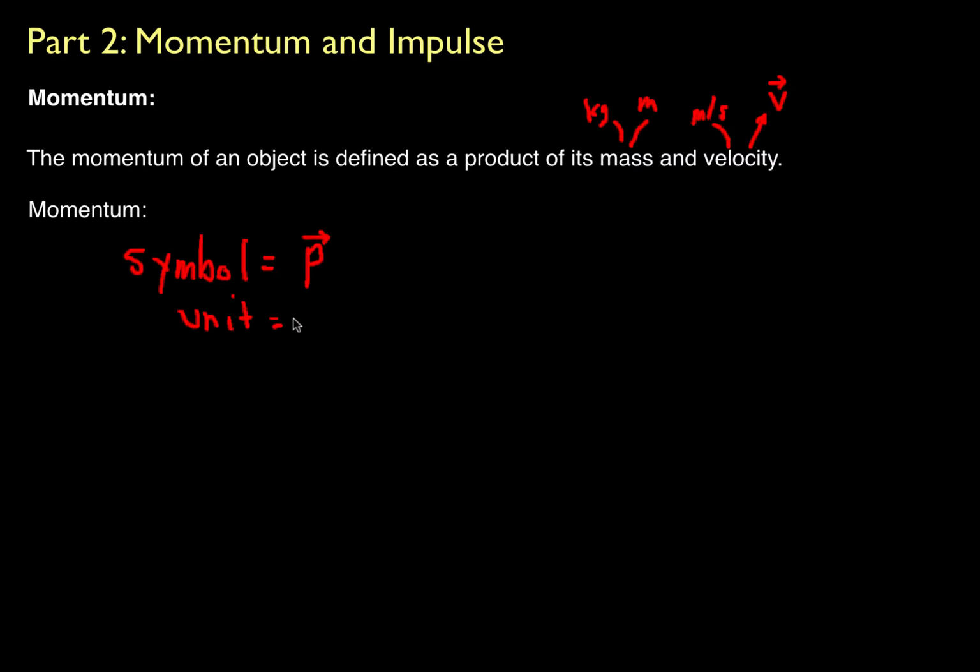The unit for momentum is the kilogram meters per second. There isn't a special symbol for this derived unit. It's just the collection of kilogram meters per second that forms momentum.